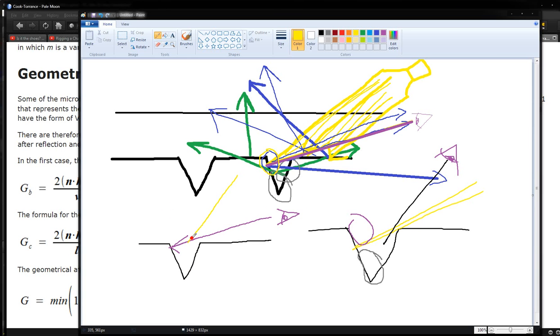But the light angle is coming down here, and it's a light cone, so this area is being lit up. But my viewing area is also a viewing cone, so I can see everything pretty much.